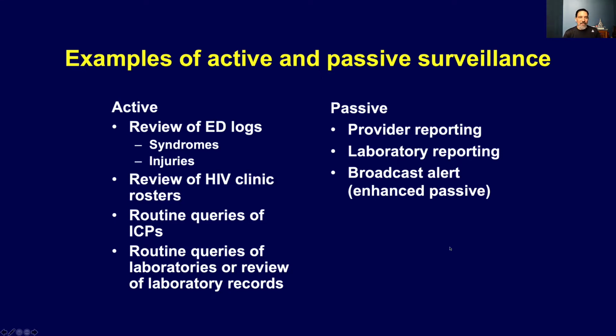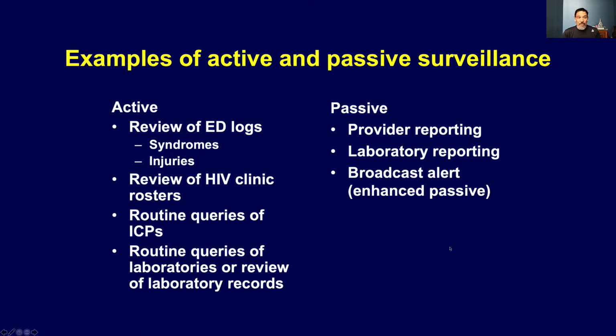Or in the case of HIV surveillance, they might go to review the rosters of HIV clinics to see if there are individuals that have been newly diagnosed and perhaps not reported or captured in surveillance. They could be routinely querying infection control practitioners to see if there have been new cases diagnosed or identified, or routine queries of laboratories to see if there have been people that have tested positive recently.